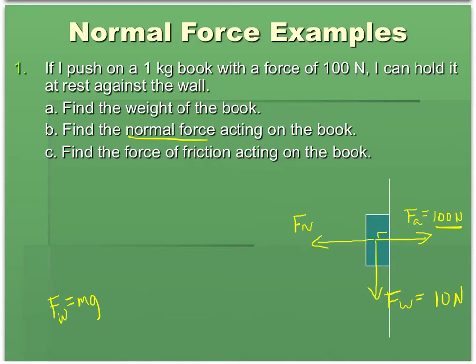Newton's third law says the wall is pushing back with an equal and opposite force. So we know then that our normal force in this case is also equal to 100 newtons, because that book is not being pushed through the wall, nor is it being pushed back harder by the wall. Those forces are equal and opposite.